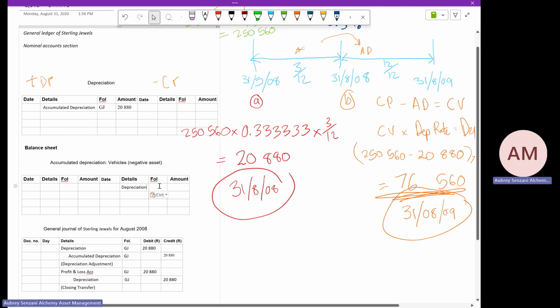So here, and say GJ and 20880. Okay, so there you can see the double entry taking place. I'm just not throwing in the date just to save us time. Then we know that this one for 2008 is obviously getting closed off.